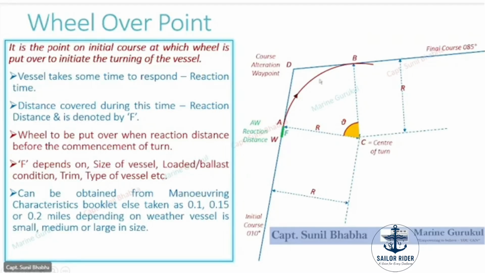But Alpha to Bravo will not be 1 mile. Alpha to Bravo will depend upon the angle, beta. What is the angle which you are having? Yes, this angle is the difference between the initial course and the final course. Okay, sir, thank you. Okay, beta, great. Let's move ahead.